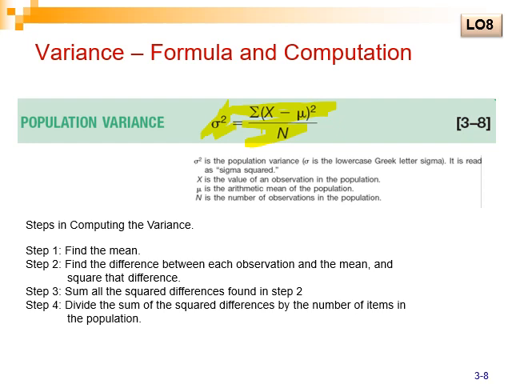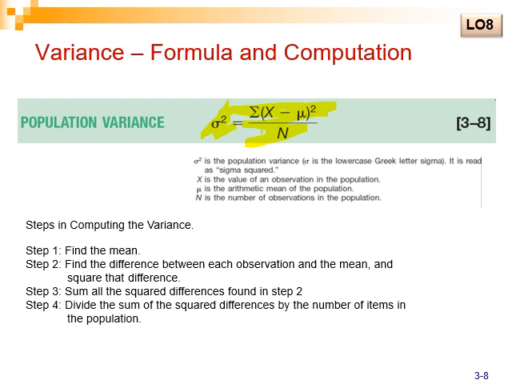Sigma squared is the population variance. X is the value of an observation in the population, mu is the arithmetic mean of the population, and n in the denominator is the number of observations in the population, the total number of the population. Now we are using the rule for the population variance, not the sample.